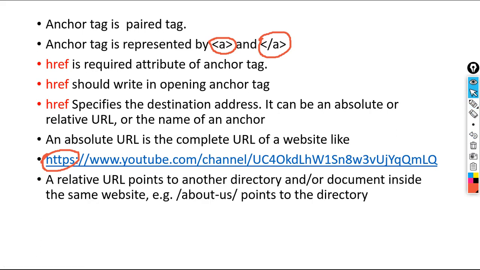A relative URL points to another directory or document inside the same website. Suppose we are using one website and we want to move from the current page to another page, then that will happen with the help of a relative URL, because we are moving from the current page to another page, correct?